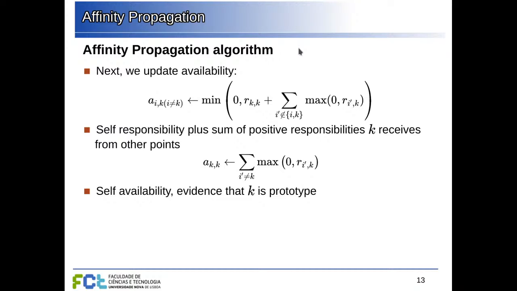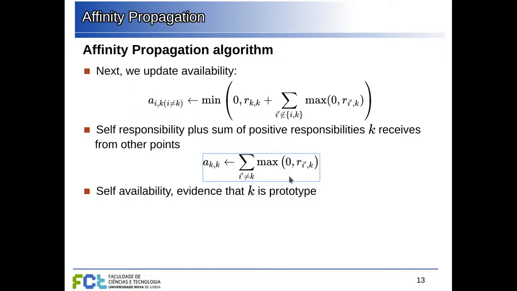So basically a point is available if it's a good representative, not only by itself but also by the relations to other points, and we can create this self-responsibility by looking at the maximum of the responsibility of K for representing all the other points.